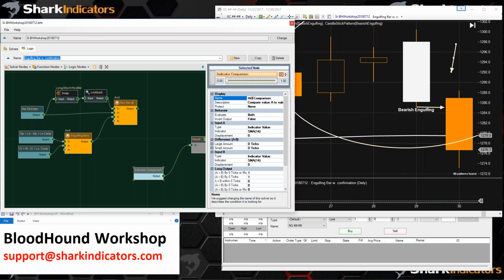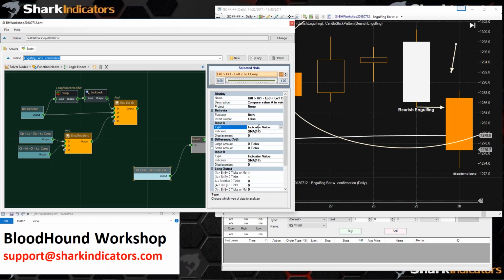So this is kind of like using programming terminology, to be greater than the high of bar 1, which is one bar back, or the low of bar 0 to be less than the low of bar 1. So that's what we're going to do. We're going to do both of those comparisons in this one solver here.